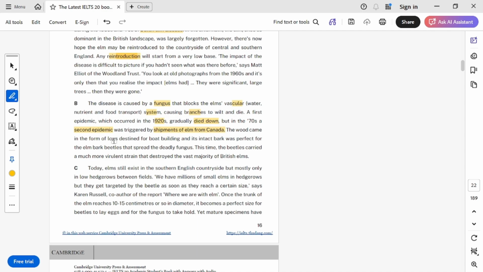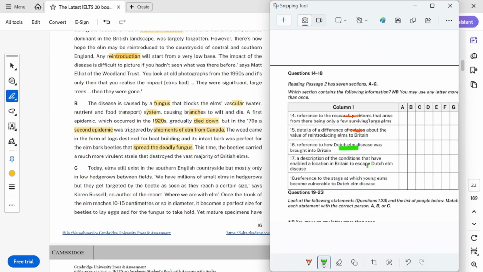The wood from the shipment spread the deadly fungus. So paragraph B tells us about the disease caused by the fungus, and then we get the important piece of information: in the 1970s the second epidemic was triggered by shipments from Canada.